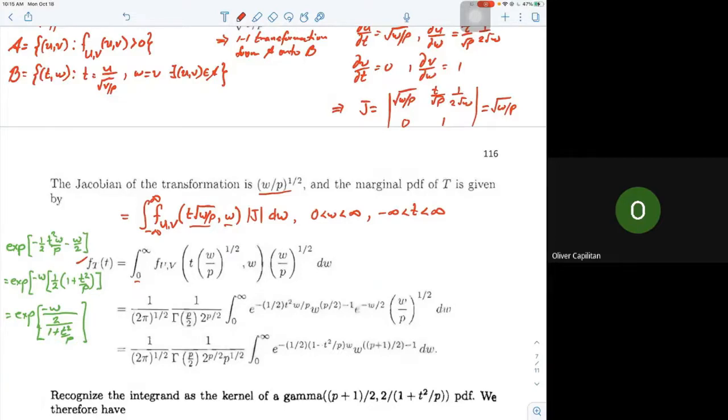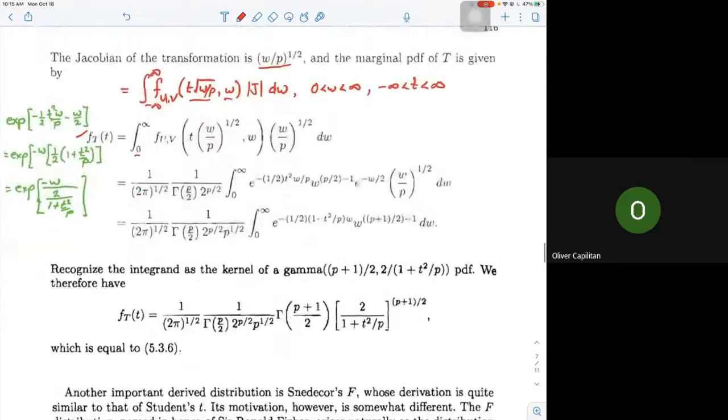So W from 0 to positive infinity, T from negative infinity to positive infinity. Since we are integrating with respect to W, we change our limits of integration from 0 to positive infinity, and then we apply the joint distribution of U and V.